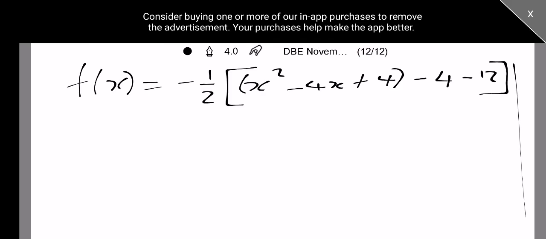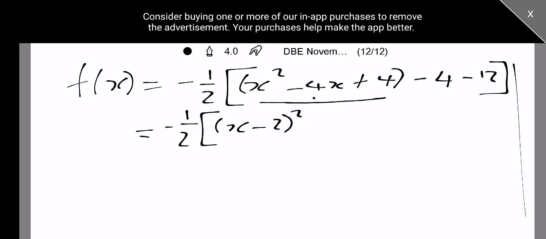Now we've got to factorize this. If you look carefully inside the brackets, this is a perfect square. I'm not even going to try to look for other factors there. It's going to be x minus 2 squared.